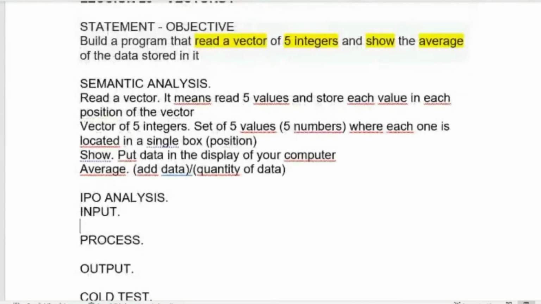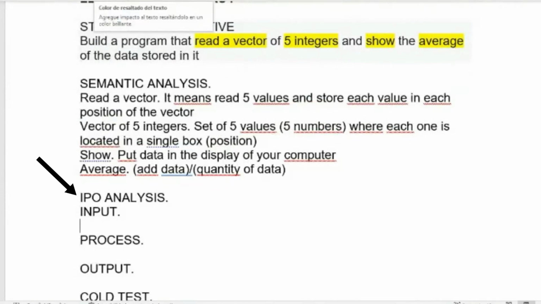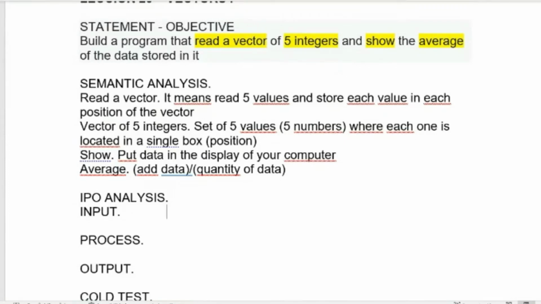So remember, you need to read a vector of 5 integers. So the input is very easy. Input is first read. Well, probably you have to write read 5 integers and store each number in each box of the vector, or in each position of the vector.